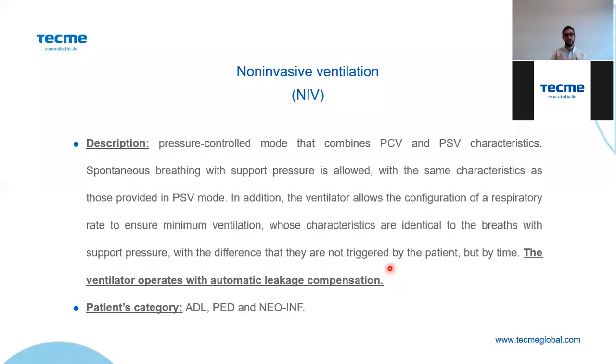In addition, here you can configure a respiratory rate to ensure the minimum ventilation, okay? So when you start the non-invasive ventilation, the ventilator operates with an automatic leakage compensation, okay? So it will be activated in an automatic way. It is available in all patient categories: neo, pediatric, and adult.